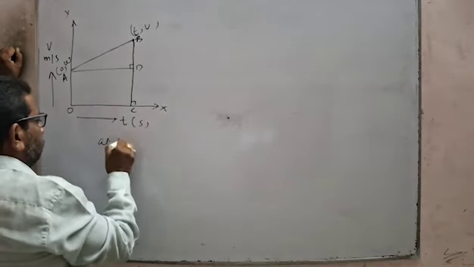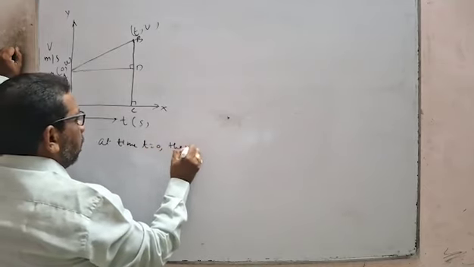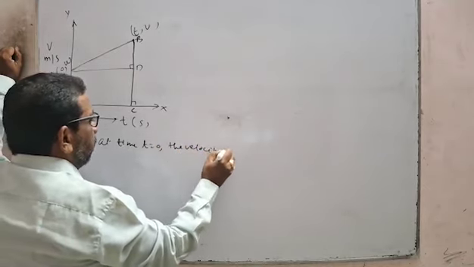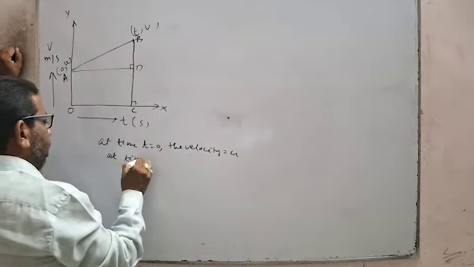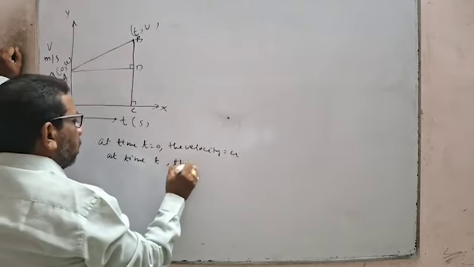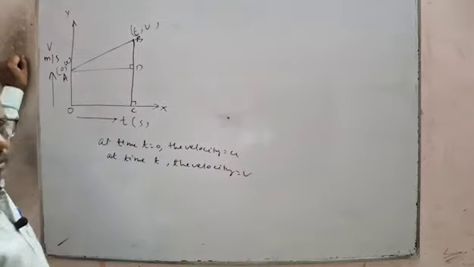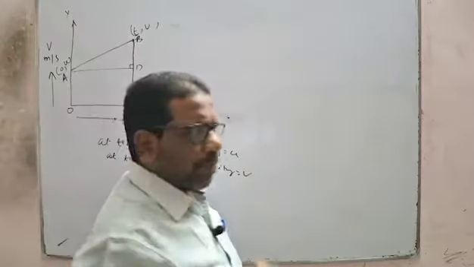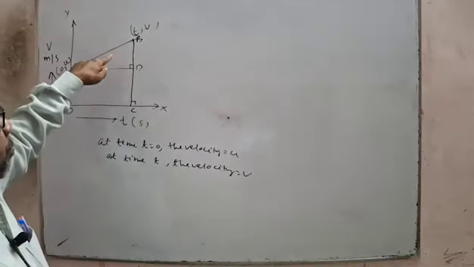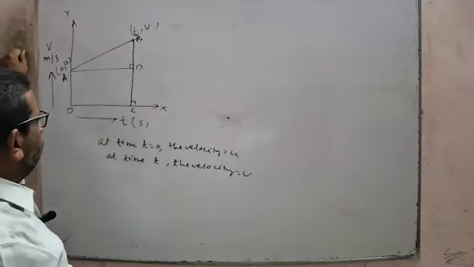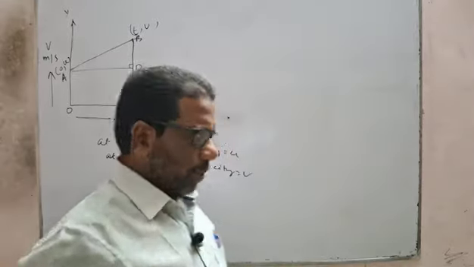At time t equal to 0, the velocity is equal to u. At time t, the velocity is equal to v. We know, and I have explained that, in the v-t graph, if we find the slope, we will get acceleration.